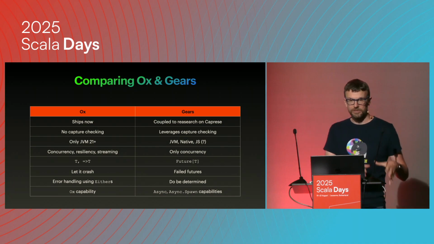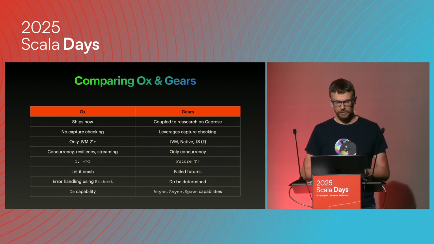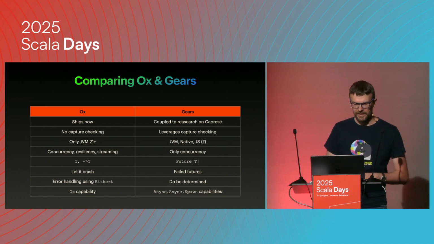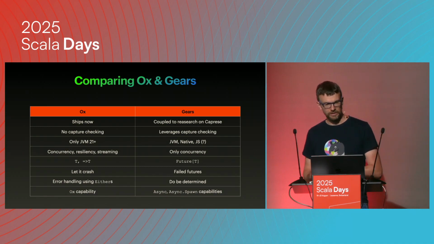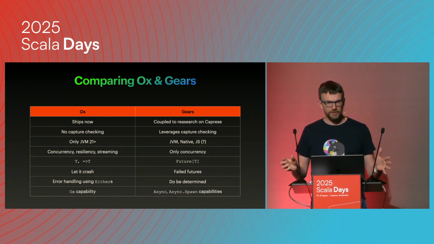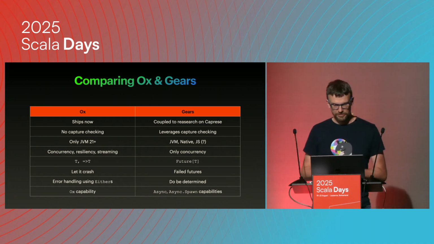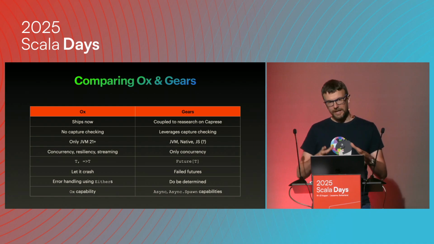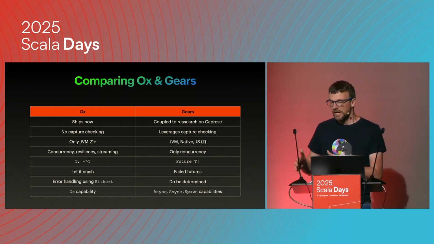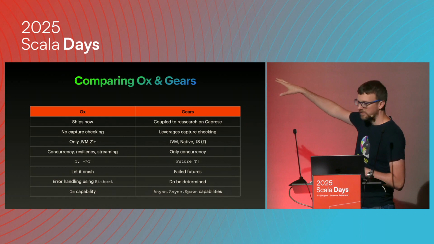Also, Ox focuses on the JVM and using virtual threads, while Gears also works on native, and I think they also made it work on JS. The scope of Ox is a bit wider, so we also do resiliency. If you look at the examples of how you might use Gears, they focus more on using the future abstraction.